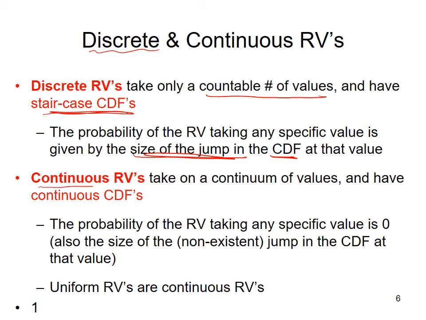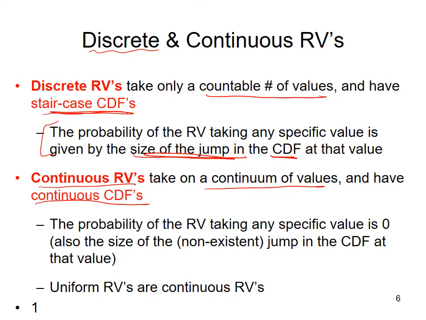Continuous random variables take on a continuum of values, not a countable number of values, and they have continuous CDFs, but it turns out that this rule will still apply. The probability of the random variable taking any specific value is still the size of the jump in the CDF at that value. And notice there's some parenthetic remarks.